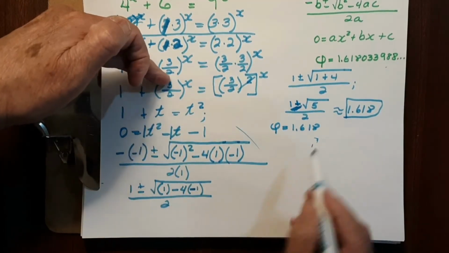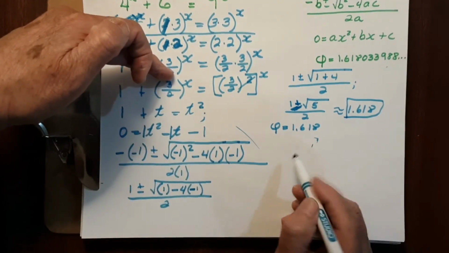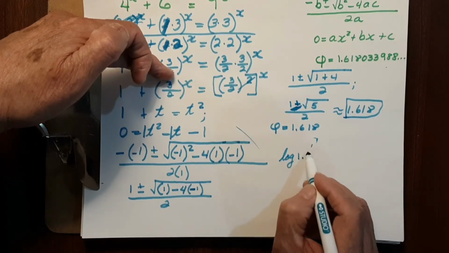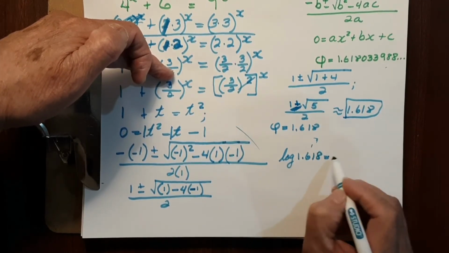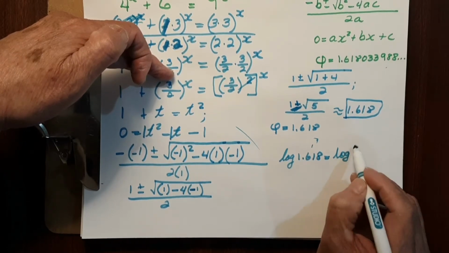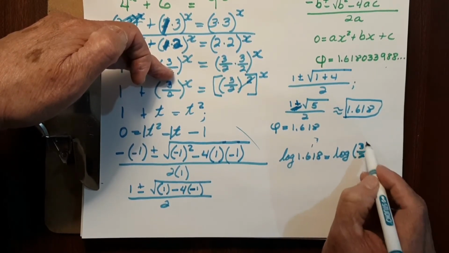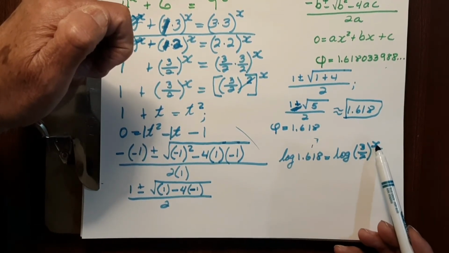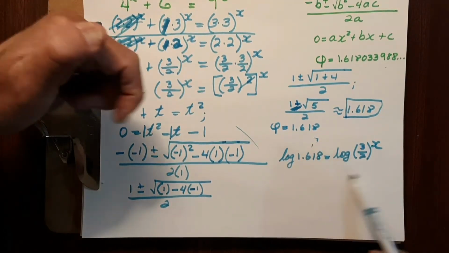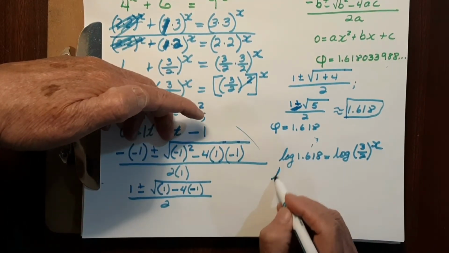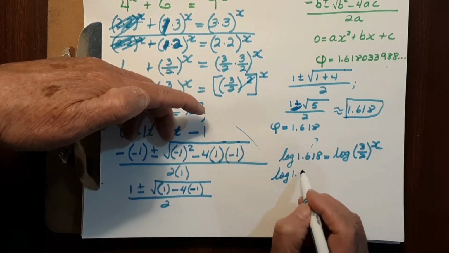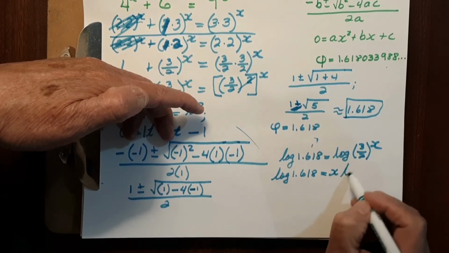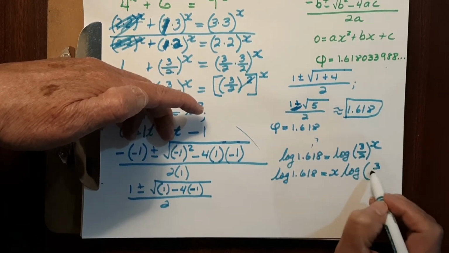For that we have to use logarithms. Okay, so we say logarithm of this number, 1.618, equals logarithm of 3 over 2 to the x. Well, we don't have to operate here because the x is bothering us. We have to put it down. How? Okay, log 1.618 equals x, we put it here, log 3 halves.